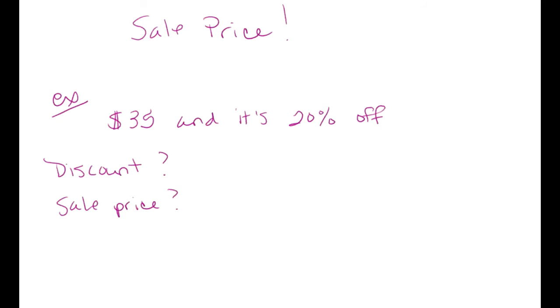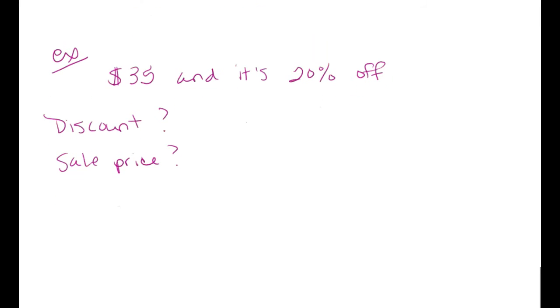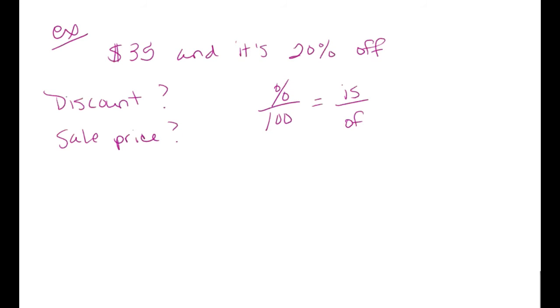Okay, so the nice thing about the formula that I gave you is that we utilize it every time we have percentages, which is super nice. So just to remind you, percent over 100 equals is over of. All right, and we can set this up. We have 20% over 100 is, we don't know what we're going to get, what the discount is.